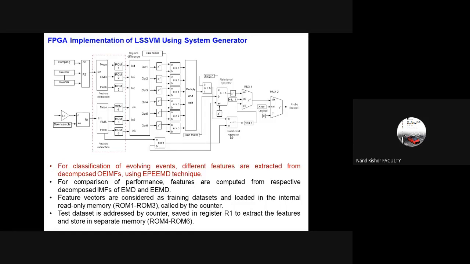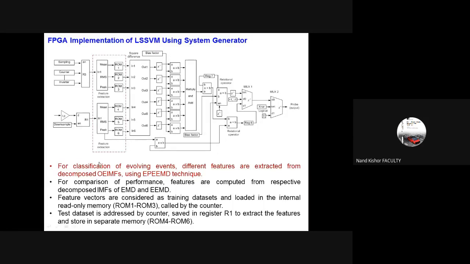And next, as I said, one part is the detection of your event, and the second part comes to classify those events. So for the real-time classification, we have implemented the least square support vector machine in FPGA. This is the complete block diagram for the implementation of LSSVM here.